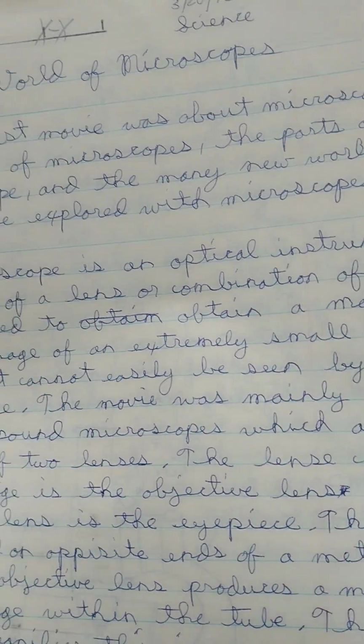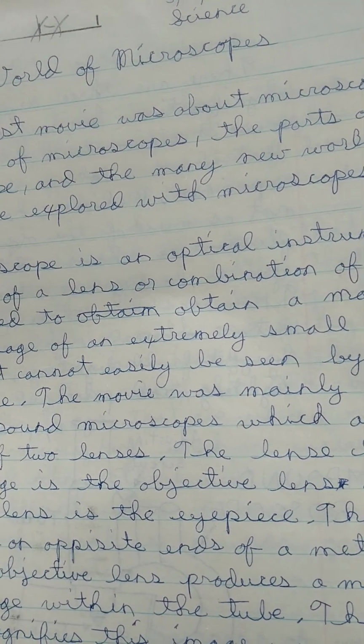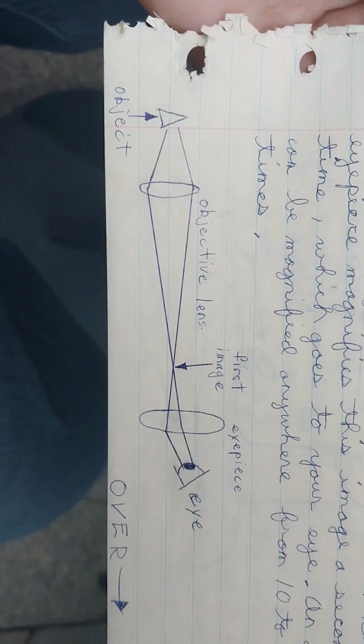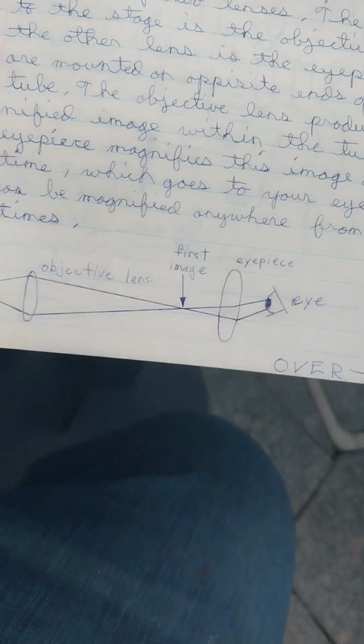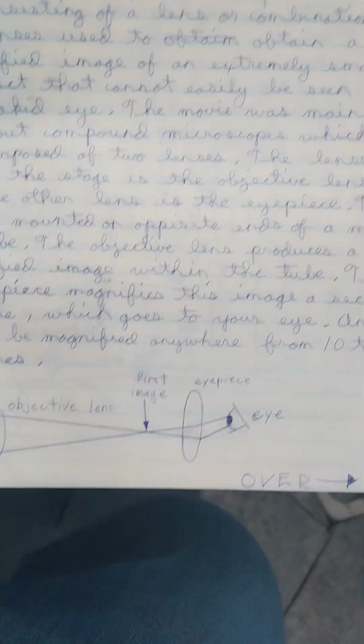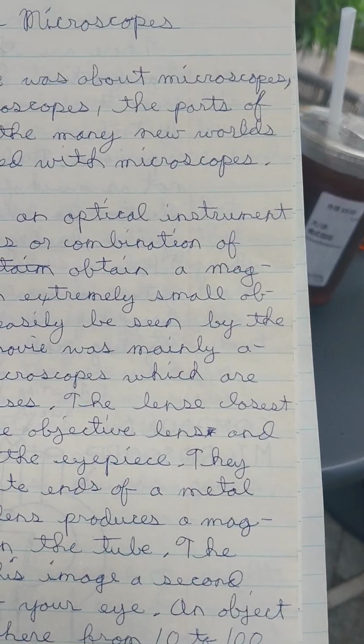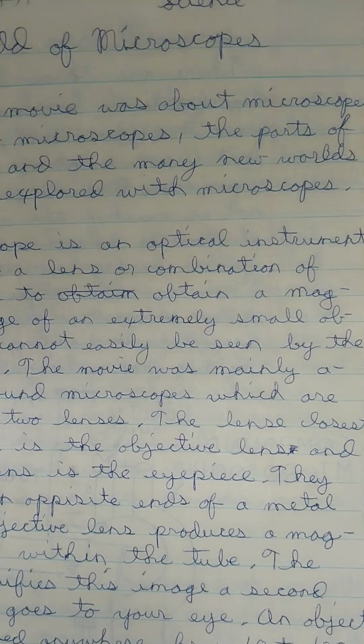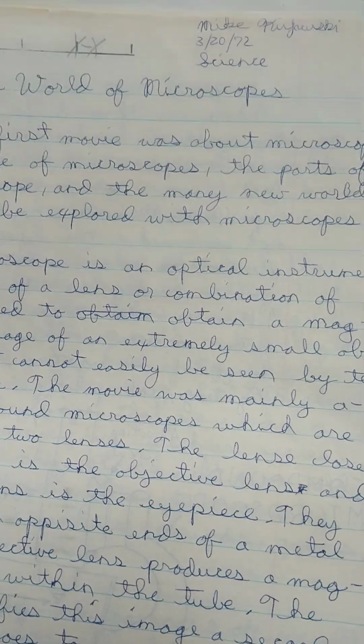They are mounted at opposite ends of a metal tube. And here I have a picture of it that I drew in grade 8, which you can see right there at the bottom of the paper.